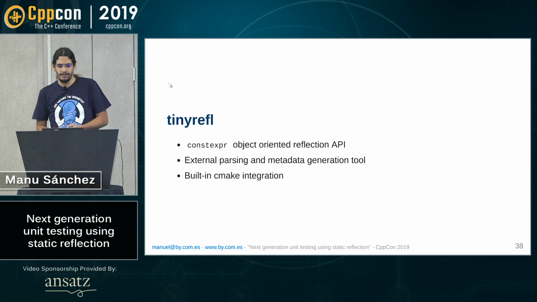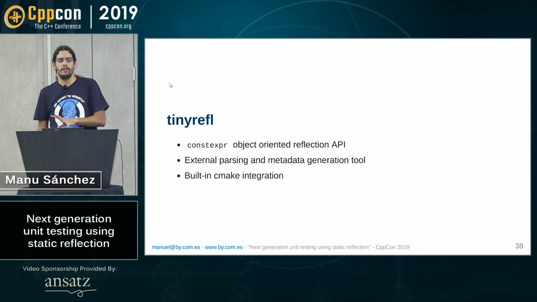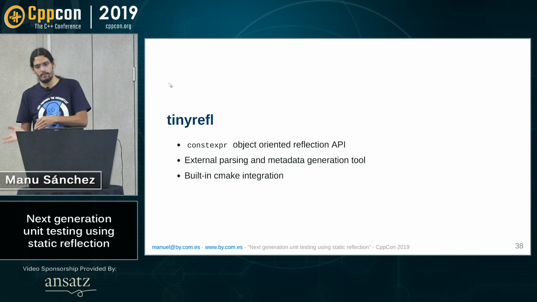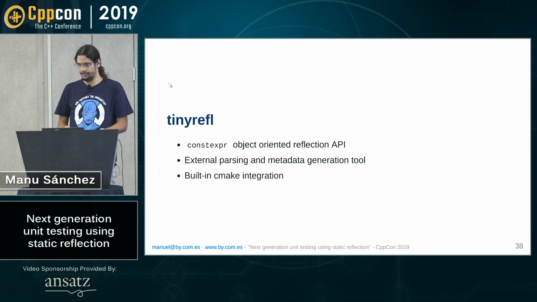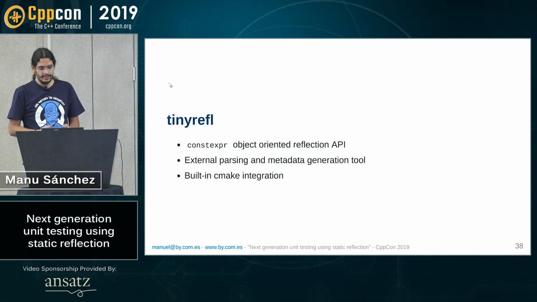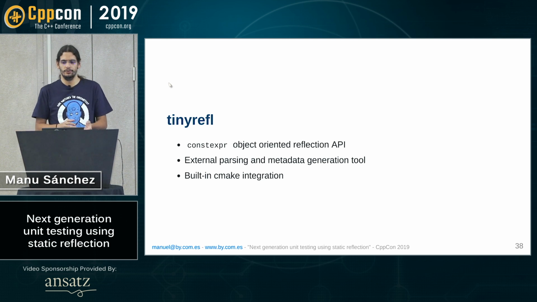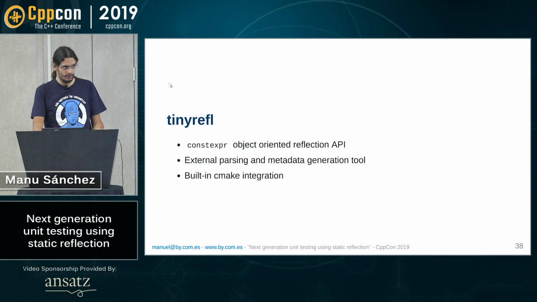So I use my library tinyrefl. Tinyrefl implements both a C++ static reflection API and a parsing and code generation tool, because as you know, C++ has no reflection yet. And it also implements built-in CMake integration, so you don't go nuts using the library and integrating the code generation tool into your project.